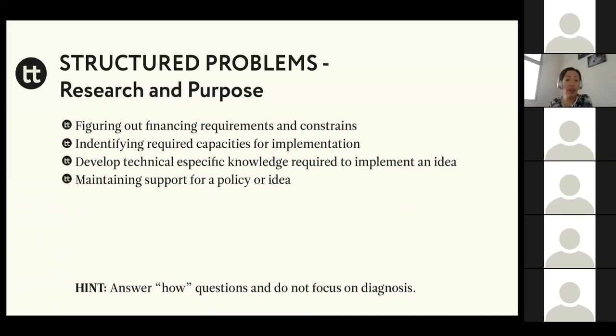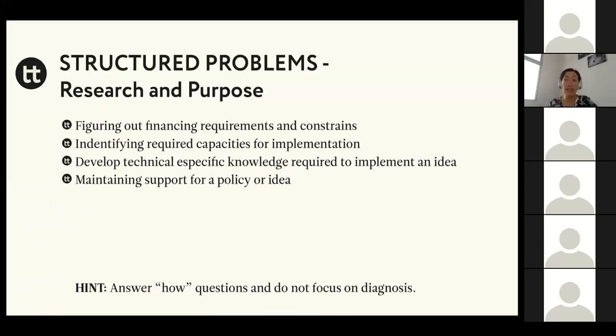Another purpose that research can have when problems are very structured is to maintain support for a policy or an idea. This is important because, as we know, our governments are sometimes flaky, our political systems tend to be flaky, and so it might be important to keep support for a policy or an idea that others may be trying to cancel.